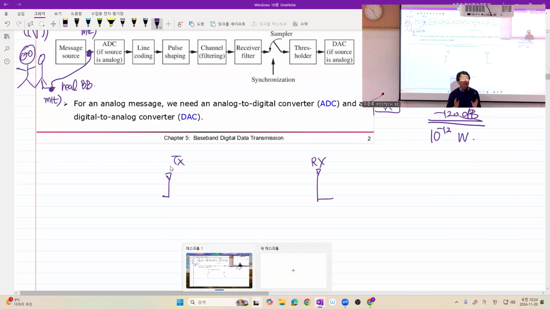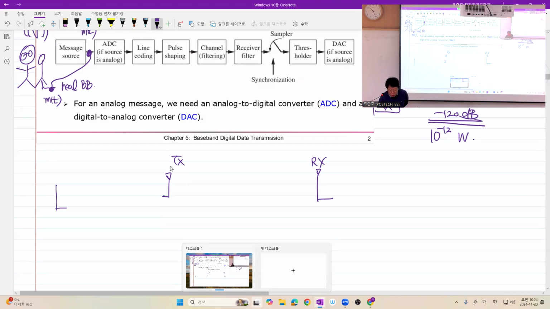They are very similar, but radio communication is one of the most complicated ones. That's why we focus on this one. And also this is very useful. Anyway, here you have transmit and receive antennas because we think about radio communication.